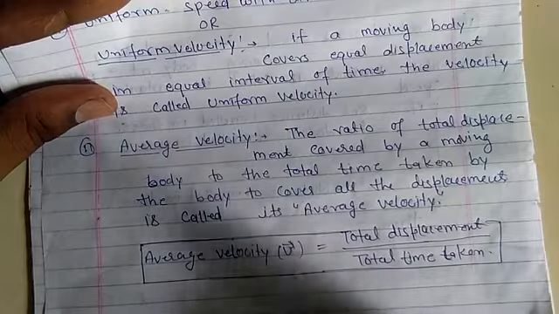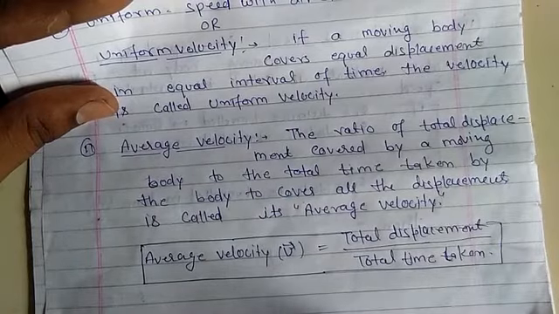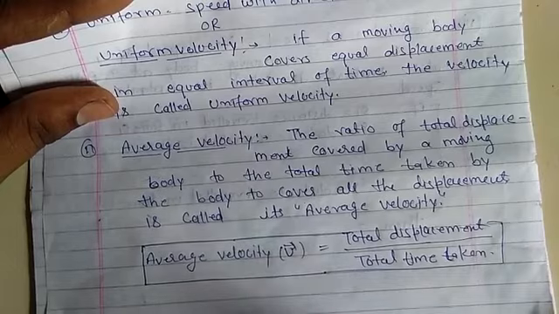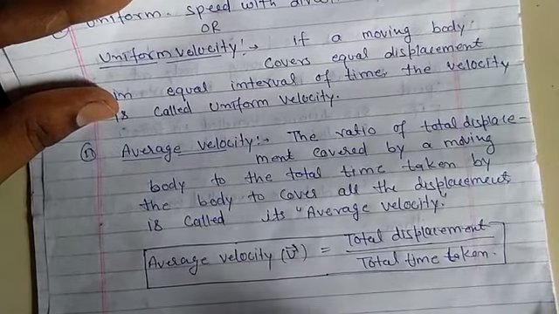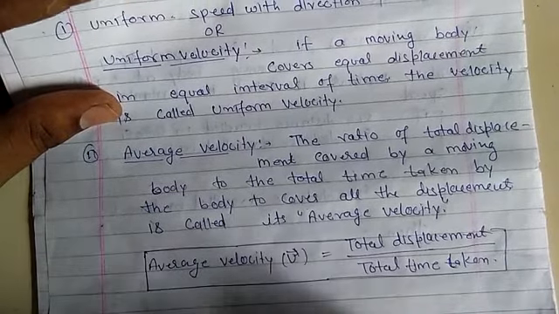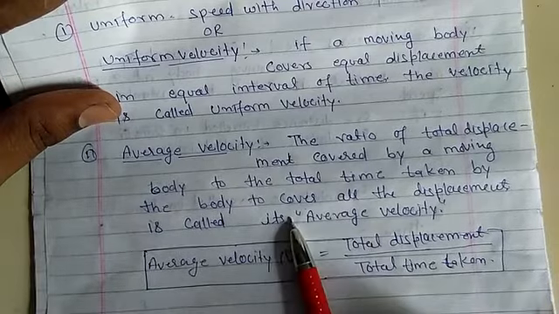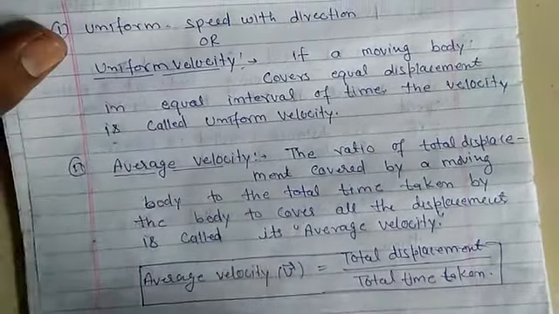This is a vector quantity, because displacement is a vector quantity, it has a direction, and velocity has a definite direction. So uniform velocity and average velocity are the types of velocity, and these are vector quantities.